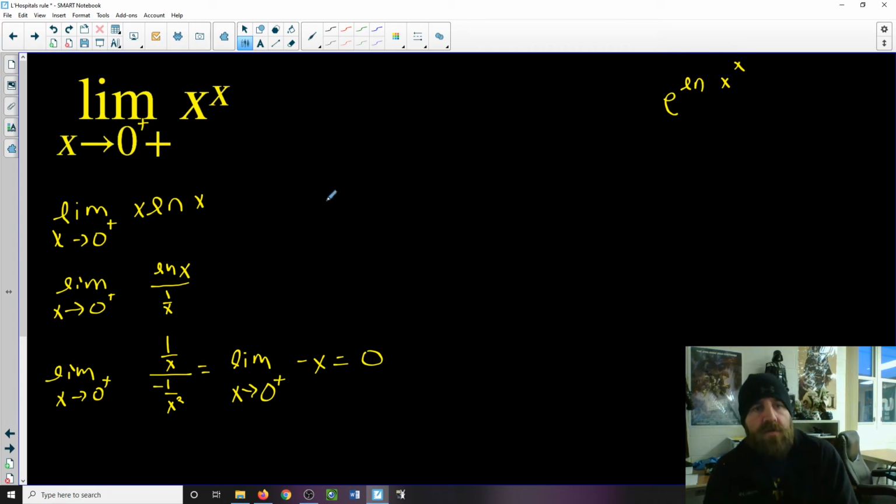So the issue is we took the limit of x ln x, not x to the x. So we modified it a little bit by putting this ln in. So what we need to do at the end, we need to eliminate that. We know the opposite of natural log is e.